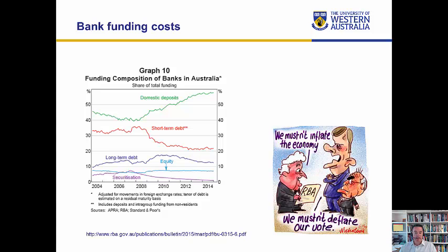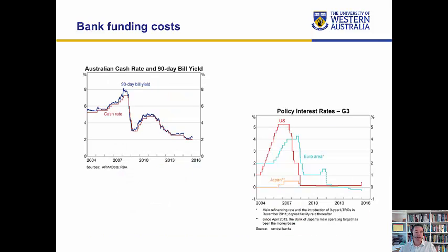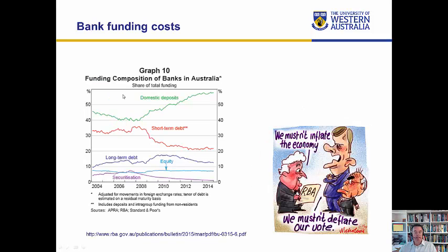So what's happening here is the Reserve Bank is changing the cash rate, which is then changing the interest rate on short-term debt, on 90-day bank bills, for example. So 30-day, 90-day, 180-day, 270-day bank bills, it's all short-term debt. Anything less than about a year we call short-term debt. So the cash rate changes interest rates on all of this short-term debt. The problem is, short-term debt only accounts for 22 to 24% of bank funding.